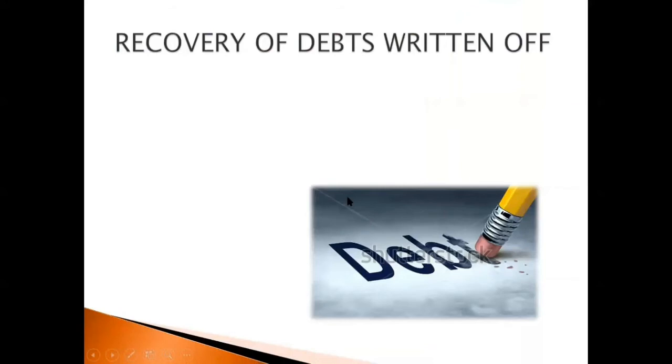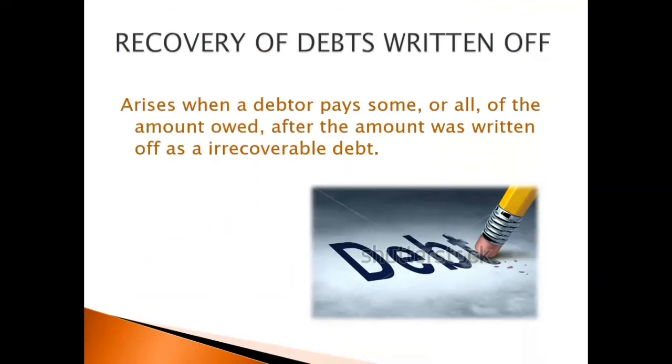So what if the debts that were irrecoverable become recovered? In this case, we call it recovery of debts written off. It arises when a debtor pays some or all of the amount owed after the amount was written off as an irrecoverable debt.